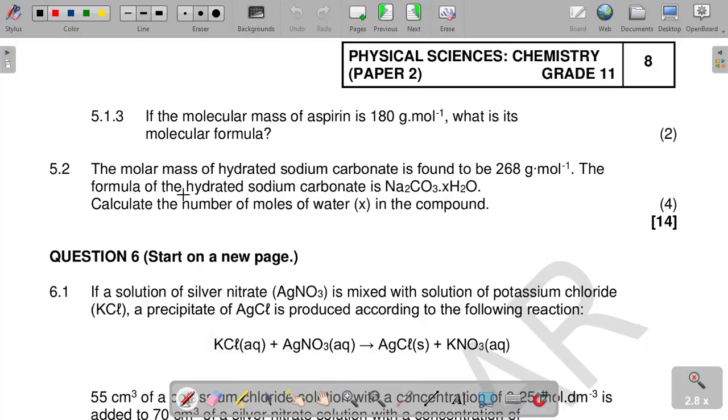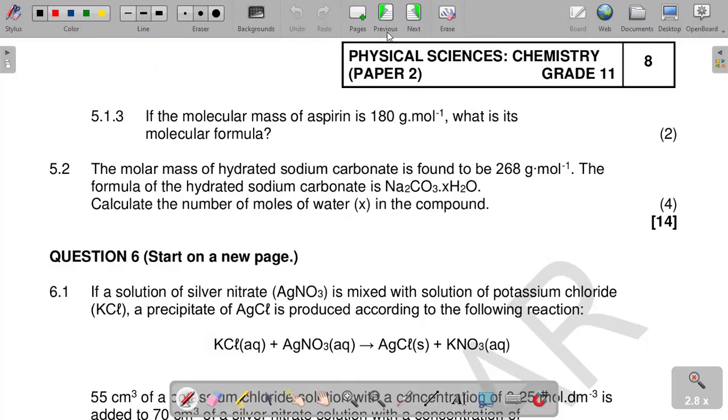The formula of the hydrated sodium carbonate is, so they give us the formula. So this is sodium carbonate, and it is being hydrated, meaning it has moles of water. Calculate the number of moles of water X in the compound. So this is the number of moles of crystallization.